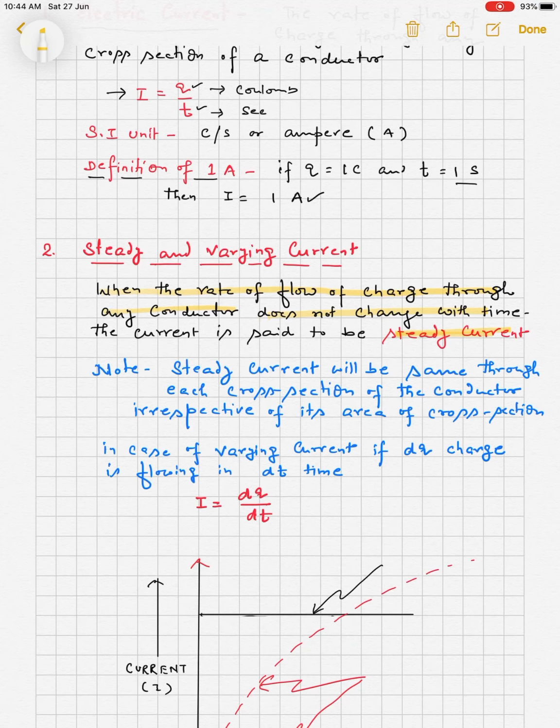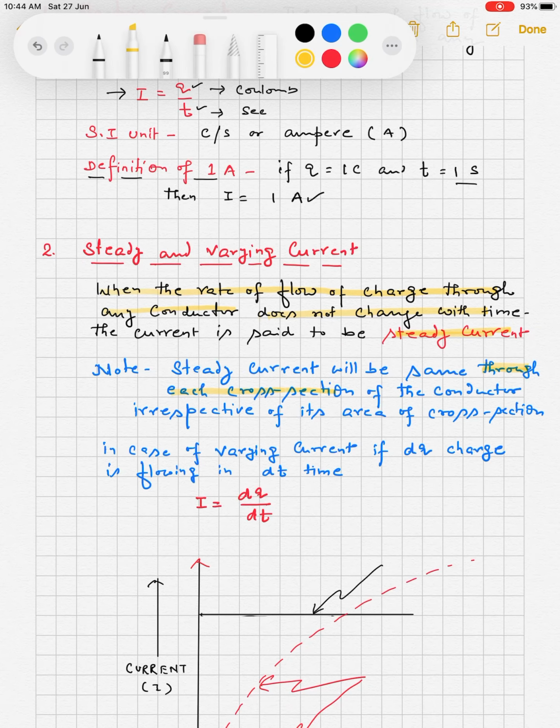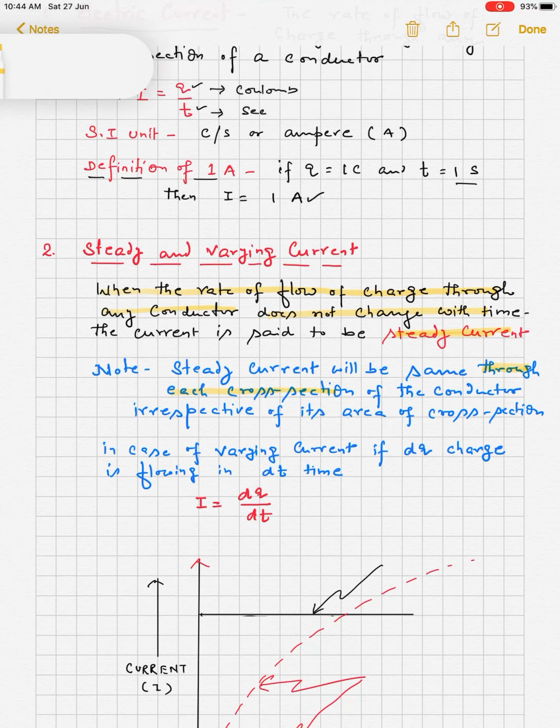Now the steady current will be the same through each cross section. The important thing is it is the same through each cross section, irrespective of its area of cross section. So steady current will be the same through each cross section of the conductor irrespective of its area of cross section.